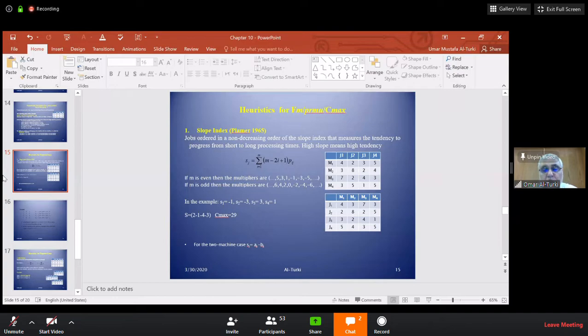Use these 3 methods and see which method is better. How do we compare them? By generating a large number of problems randomly and solving each problem using the 3 methods, find the expected value, and see which one gives you better solutions, in terms of number of optimal solutions.